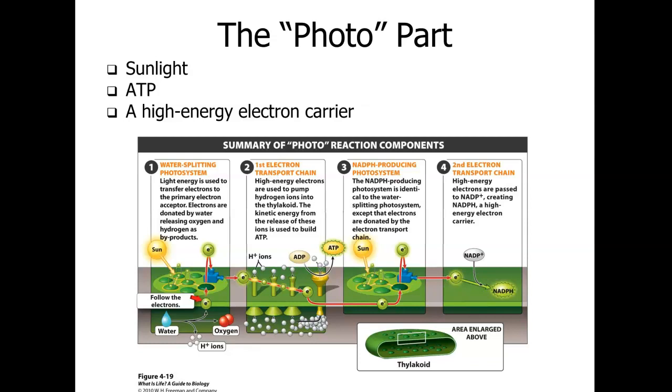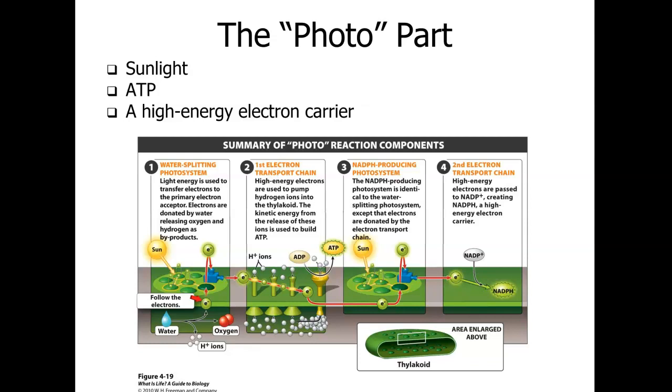So hydrogens are going to be released, the electrons coming up, oxygen flowing through. The first electron transport chain is going to take the high energy electrons that are used to pump hydrogen ions into the thylakoid. The kinetic energy from the release of these ions is going to then be used to build ATP.